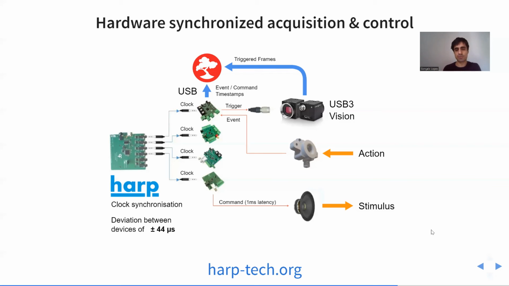Another really nice property of these devices is that they have a really low latency, so you have a 1 millisecond latency each way, and they can be used for various purposes, for triggering cameras, for delivering sound stimulus, deliver stimulation pulses, and so on. And as I was saying, the synchronization protocol that allows these devices to synchronize with each other has a very tiny deviation of around 40 microseconds. So it's really useful even for demanding scenarios like recording ephys data simultaneous with behavior.